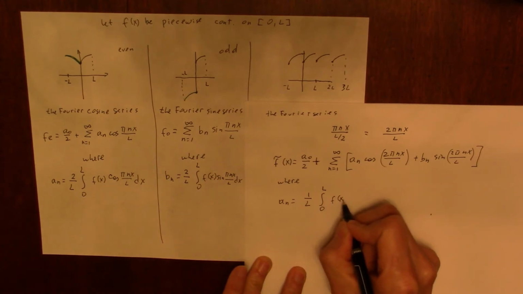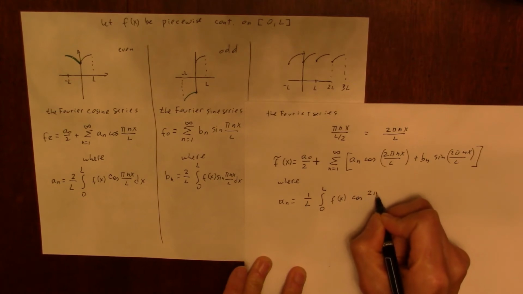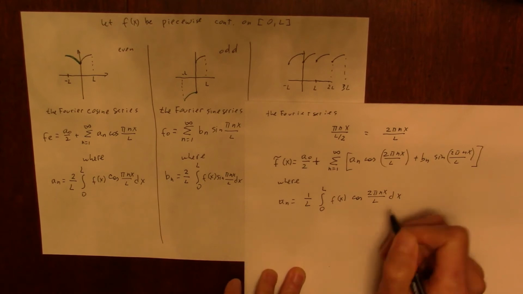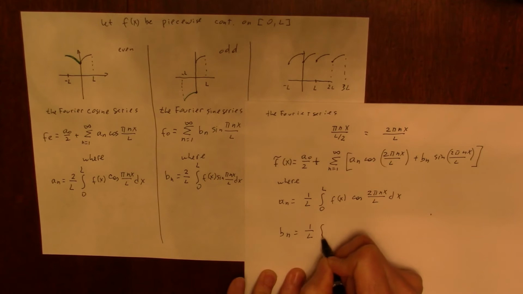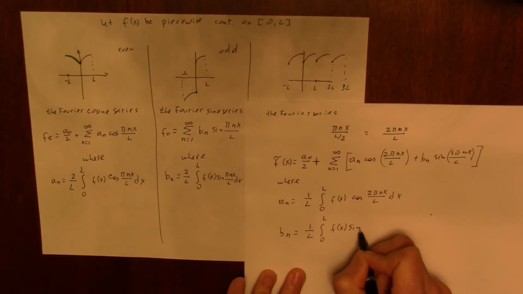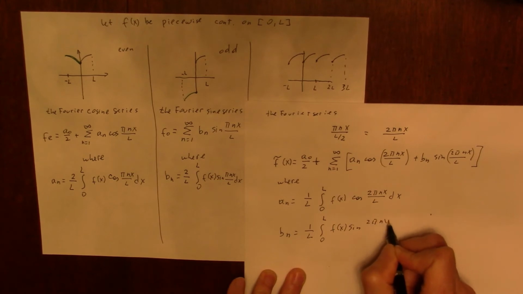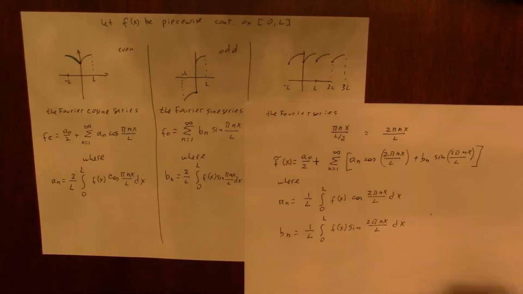So f of x cosine of 2 pi n x over L dx, and bn equals 1 over L, integral 0 to L, f of x sine of 2 pi n x over L dx.